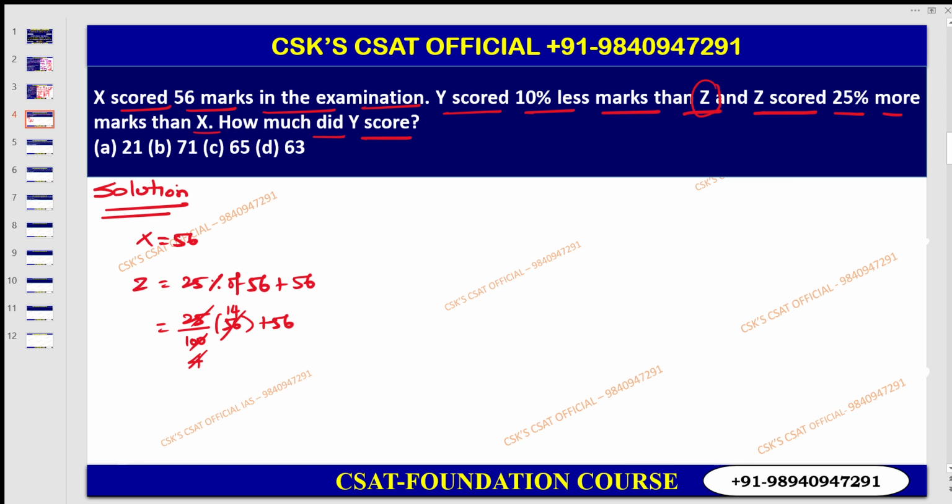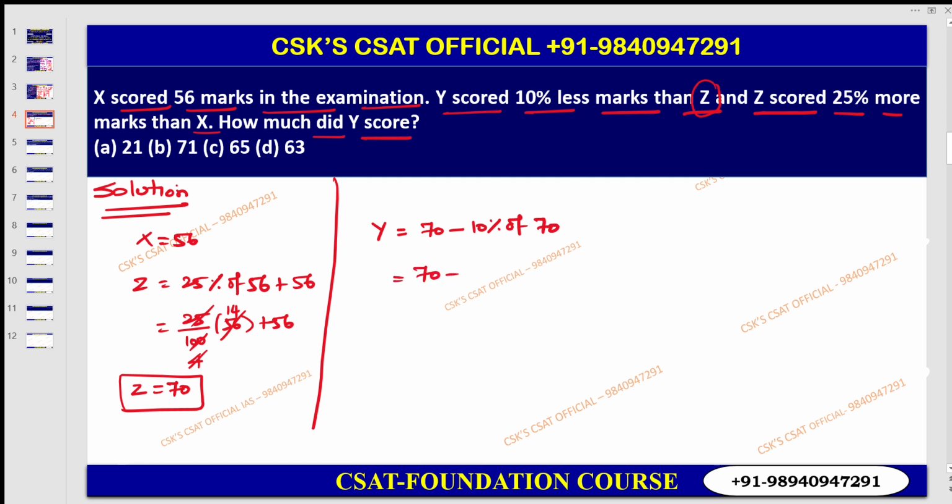Understanding, right? So therefore Z becomes 70. Now easily you can calculate the rest. Y scored 10% less marks than Z. So Y is 10% less only, right? So 70 minus 10% of 70, so 70 minus 7. So Y here is nothing but 63. Understanding? So now Y becomes 63.